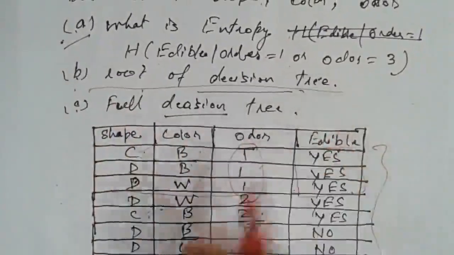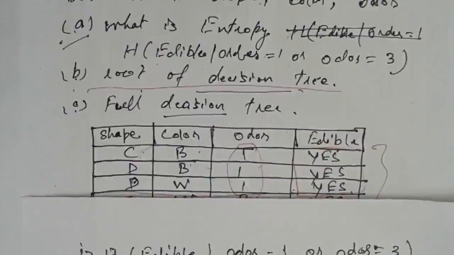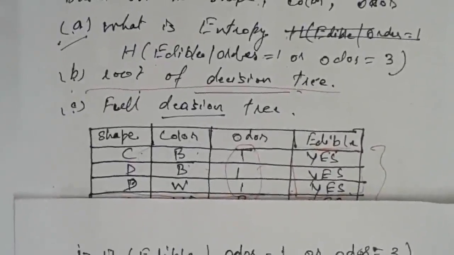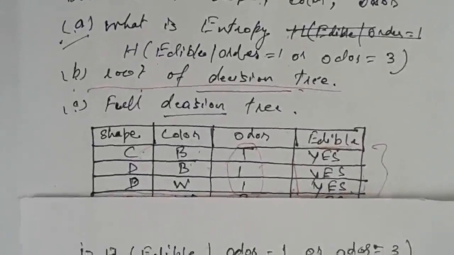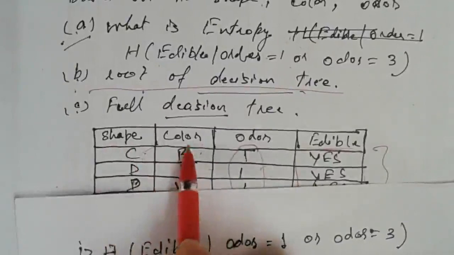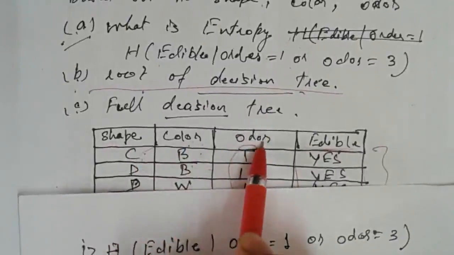Now the second part of the problem is the root of the decision tree. So we start making our decision tree. We have to find again the information gain of all the nodes. Here we have 3 attributes. What will be the information gain of shape, what will be the information gain of color, what will be the information gain of order?